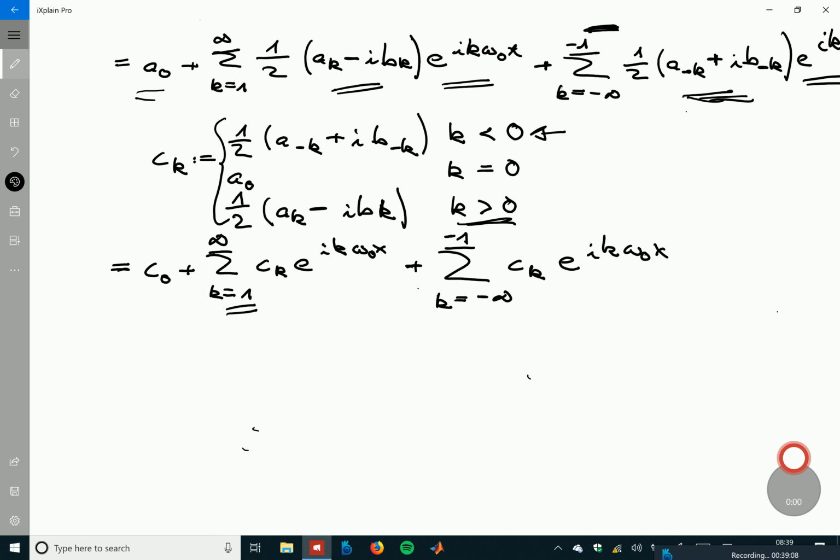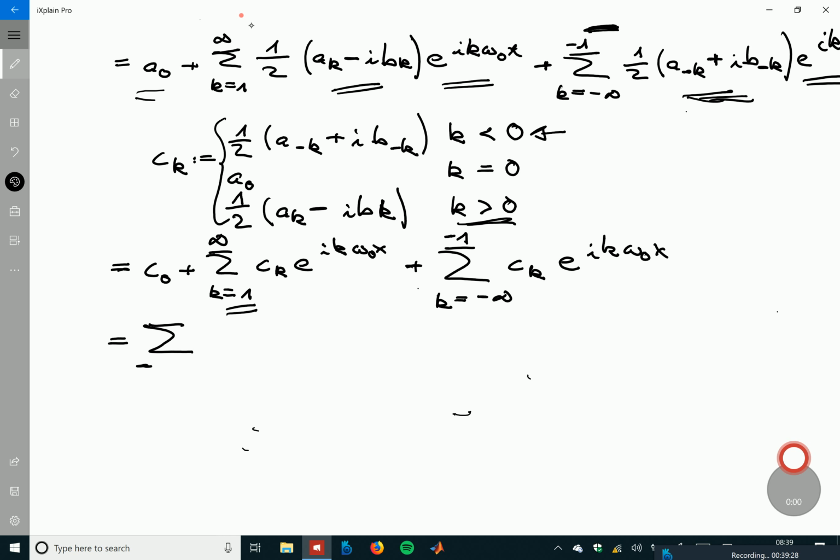Now we have k running from minus infinity to minus 1. Then we have a c_0 here, and then we have k going on from 1 to infinity. So the last thing that we can do is order things a little bit nicer.